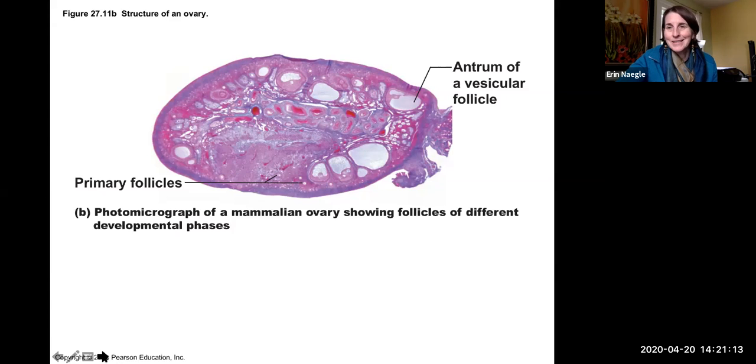This is not a human. It is a photomicrograph of a mammalian ovary. My guess is it is some species that produces litters, because the way you get lots of kittens or puppies at once is you have lots of mature vesicles. And here you can see many vesicles that have androgens in them that are developing.